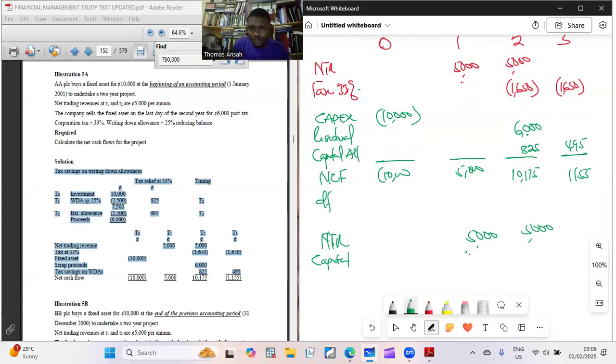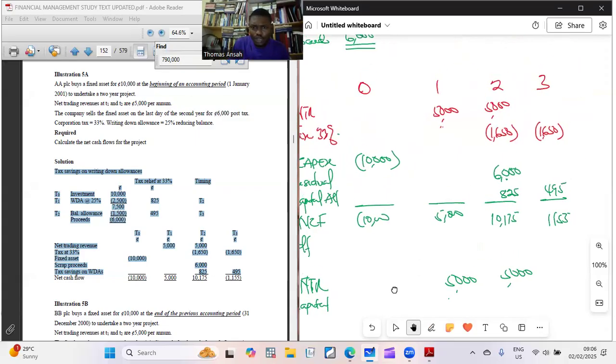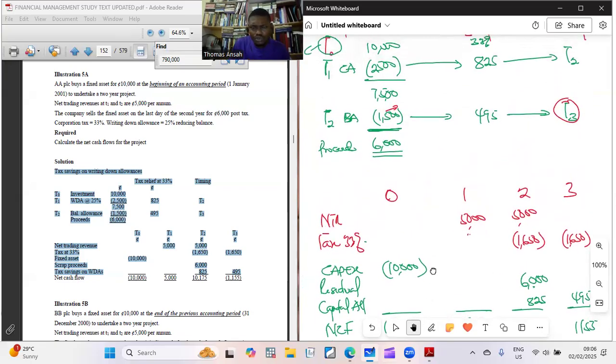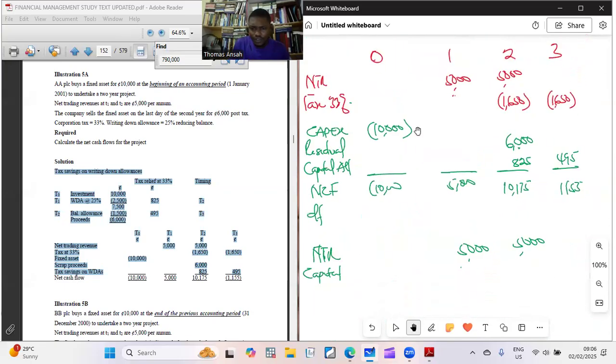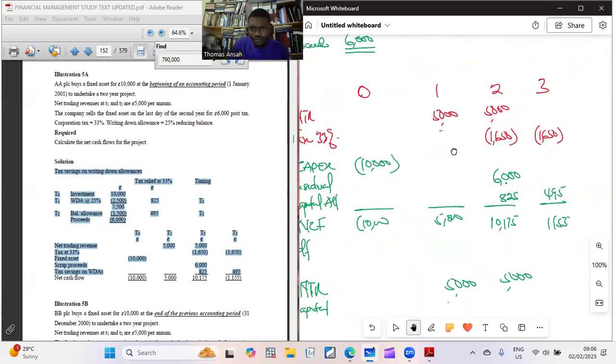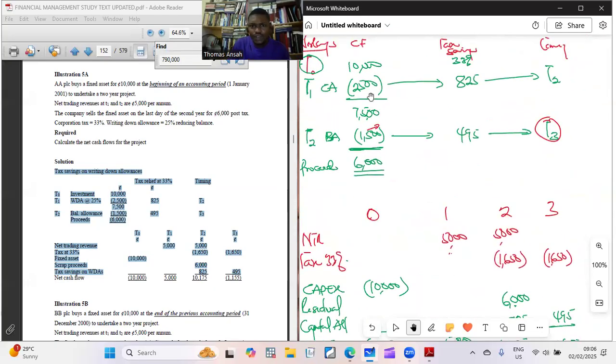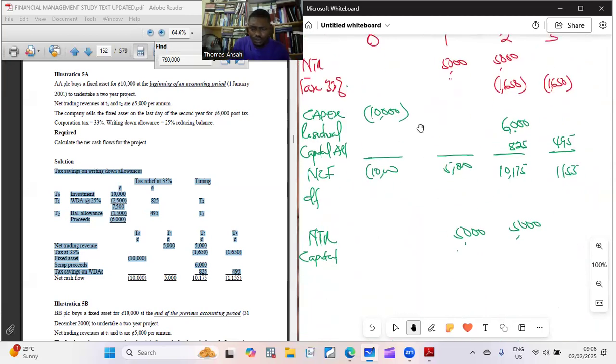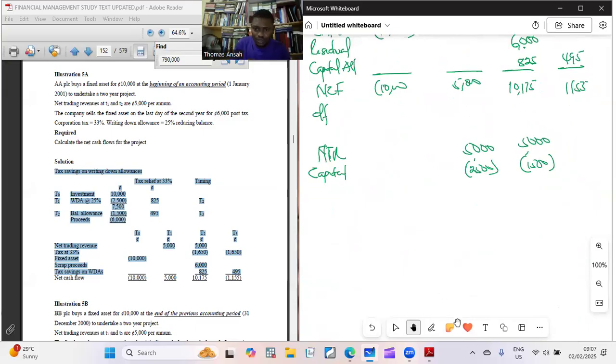It's like depreciation. So I think they go like 2,500 and 1,500. As far as this one is concerned, it is in T1, T2. So they go like 2,500 and 1,500. So that is the capital allowance, like the depreciation.